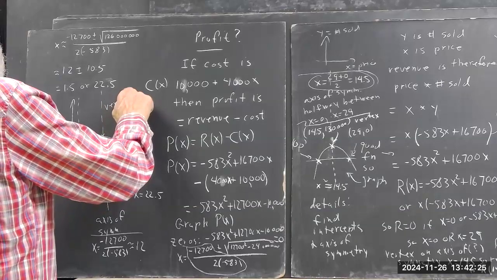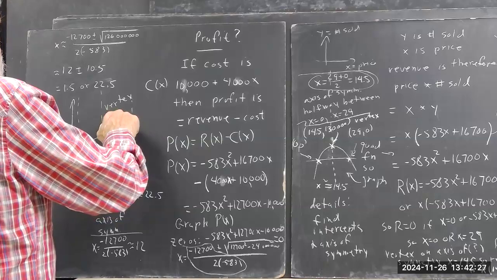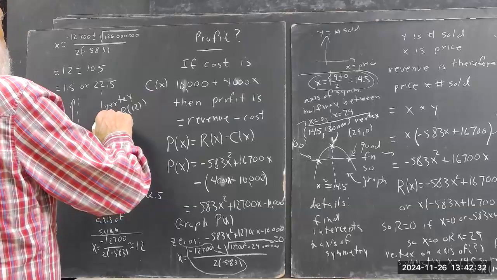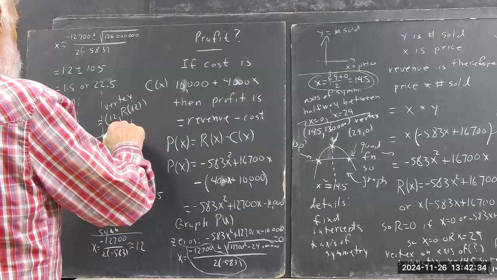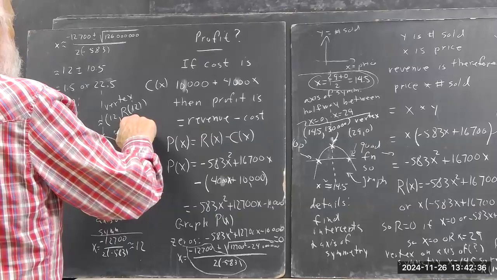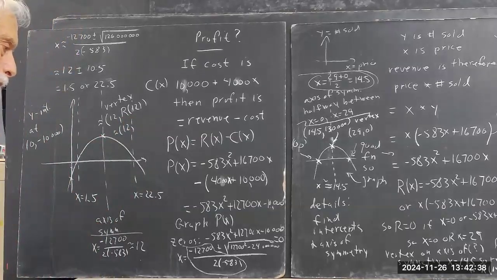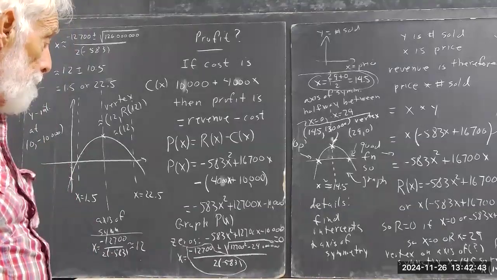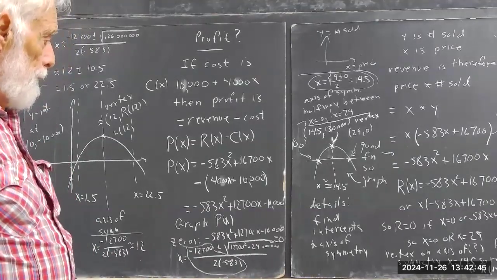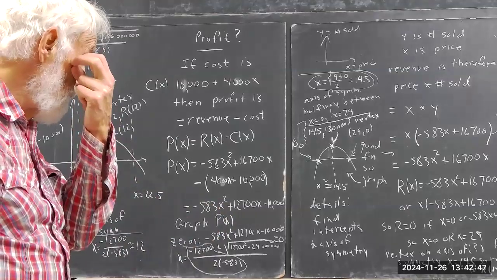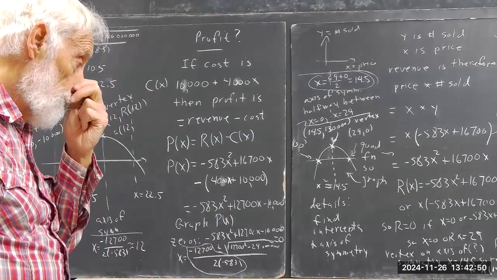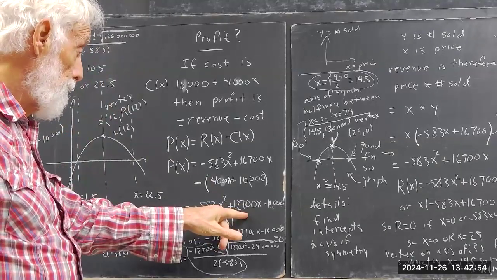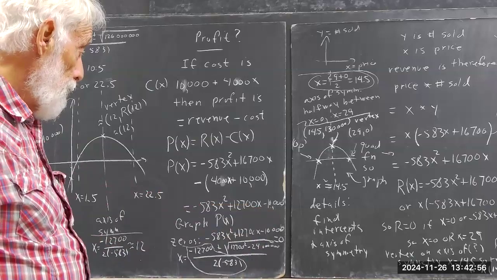is at, well, 12. And R of 12, well, we plug 12 into this mess. And we're going to get something like 150,000 back. Leave these 140,000.